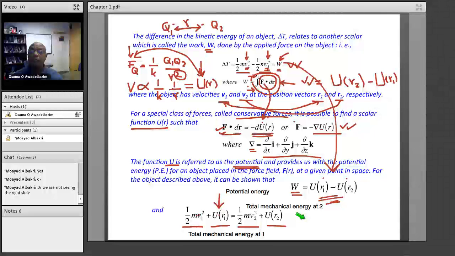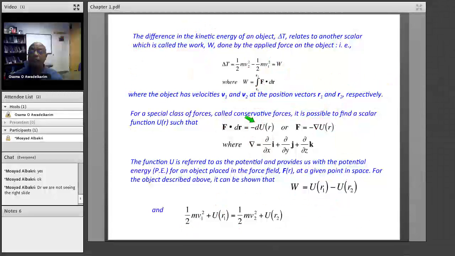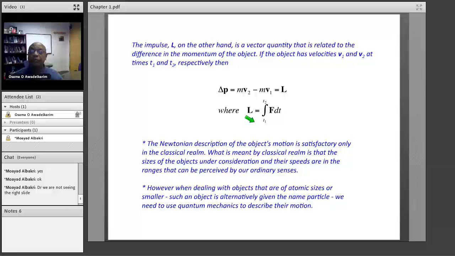And that is true for conservative forces. So conservation of energy is true for conservative forces. Conservative forces come from conservation of energy, for which energy is conserved. So this is a very important consideration.